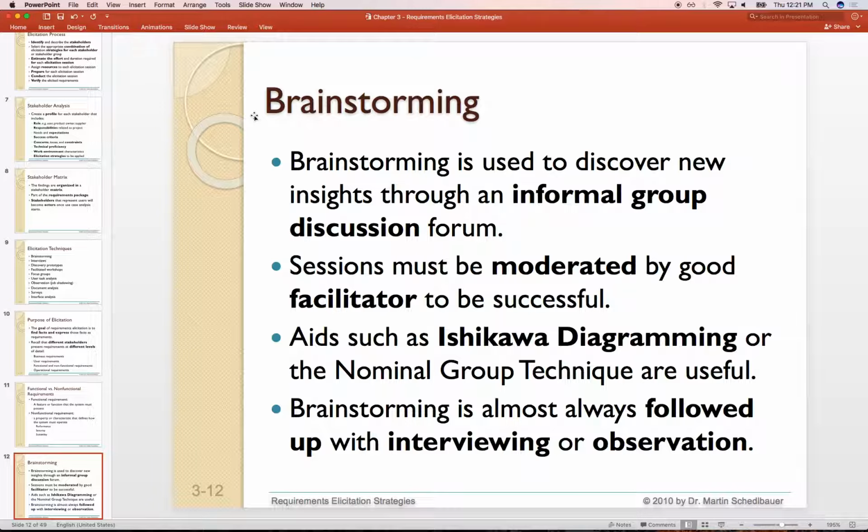The thing is that it can get rowdy pretty quickly. So you need fairly good folks that can manage these kinds of meetings. You need to have a facilitator that moderates, right? Make sure that people are not talking over each other.